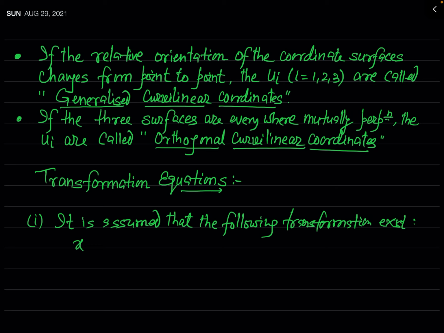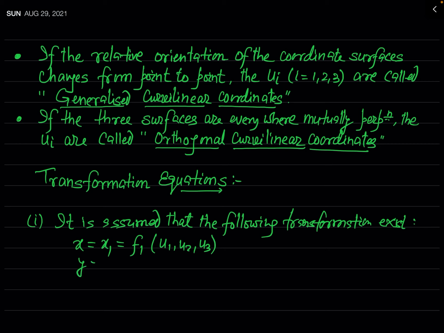We write the x coordinate of the Cartesian coordinate system as x1, and this can be expressed as a function of the variables u1, u2 and u3.